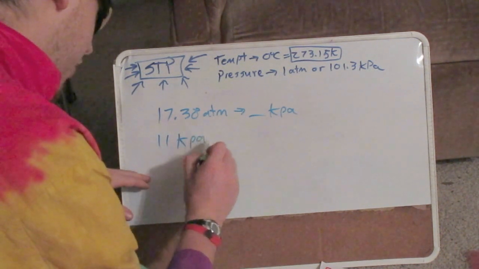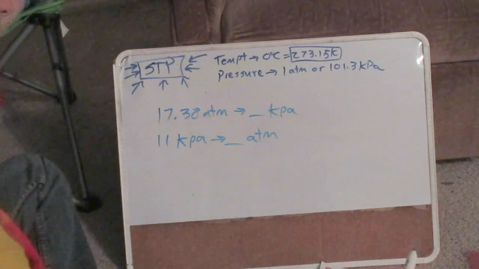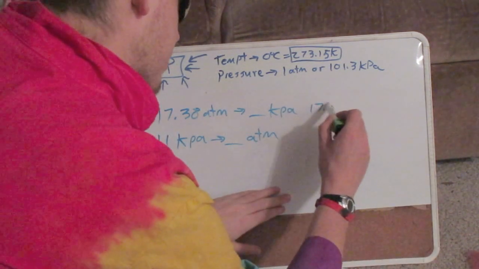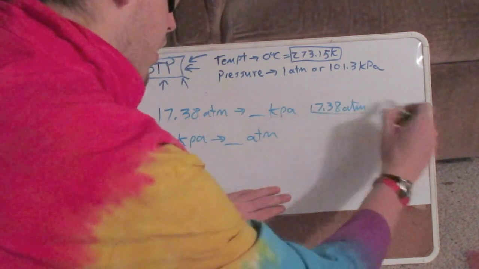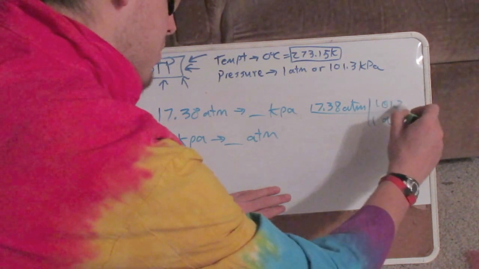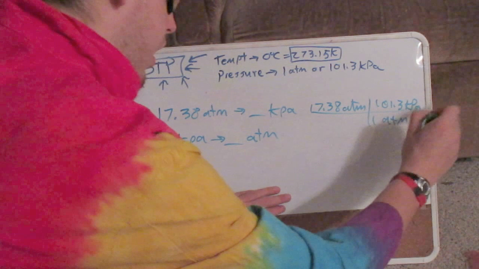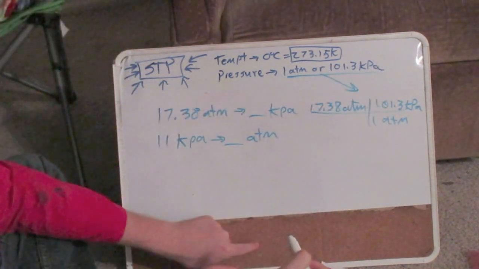Let's have kPa, we'll figure that out into atm. Well, all you have to do, 17.38 atm. We don't care about atm, so that goes at the bottom. We care about kPa. Again, we're just grabbing our conversion factor and bringing it down.